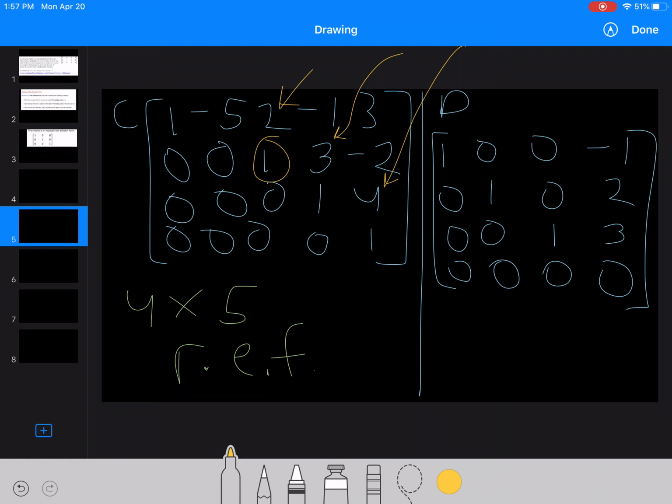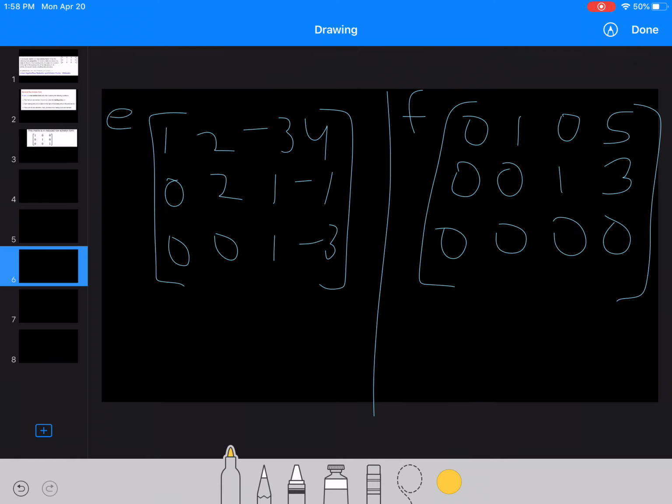For D, this is reduced row echelon form because I have a stair-step pattern. My bottom row is all zeros, and if I look at my leading terms on my diagonals, there's zeros on top and bottom of each one of those. Let's look at E. E is neither, because that leading term has to be a 1.